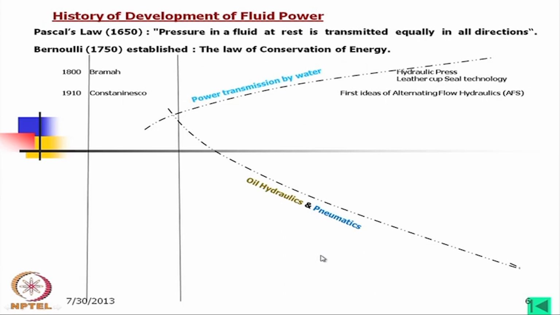Now, almost after 100 years, in 1910, at the beginning of the last century, Constantinesco proposed an idea of alternating flow hydraulics. Now, what is it? You know alternating electric current and direct electric current, the DC system and AC system.